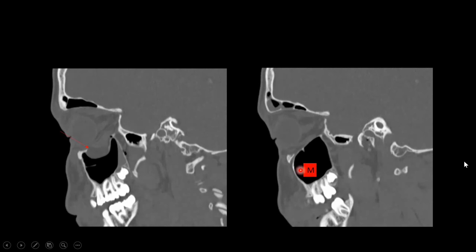So you can see the normal side, and this is the maxillary sinus, sphenoidal sinus, frontal sinus, a little bit of mucosal thickening there, and the inferior portion of the right orbit, which is depressed. So this is blowout fracture.